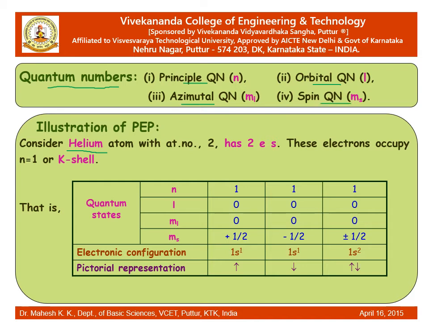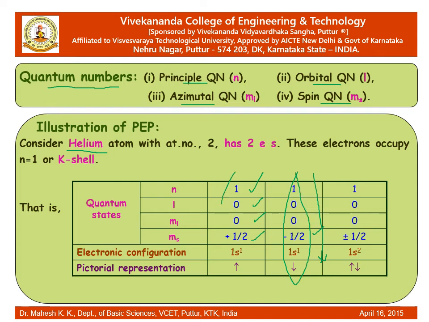For helium, N could be 1, L could be 0, and ML could be just 0, and the spin could be either plus or minus.